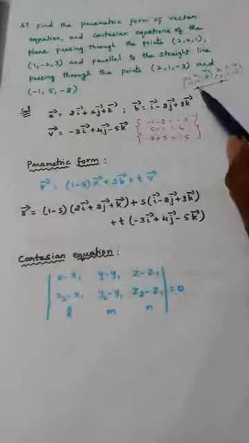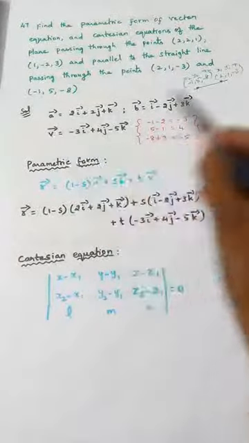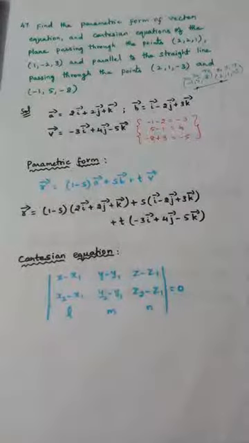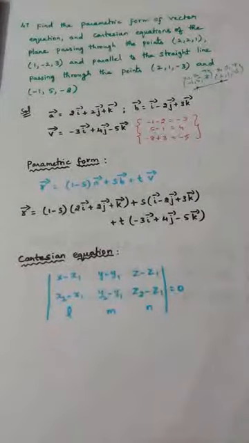So in a question, if a straight line passes through 2 points and our plane is parallel to the straight line, how to calculate that parallel vector? Using the formula x2 minus x1, y2 minus y1, z2 minus z1. But in the previous sum, directly one straight line equation was given, so we took the numbers from the denominator and said that is u vector and another one is v vector.